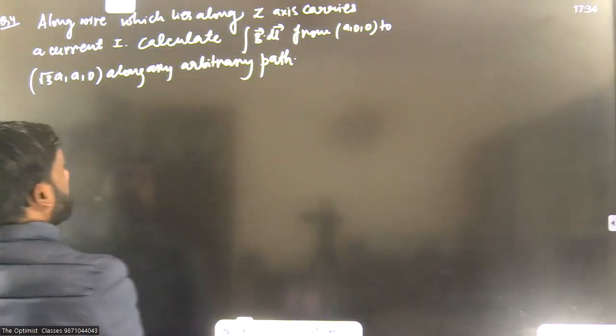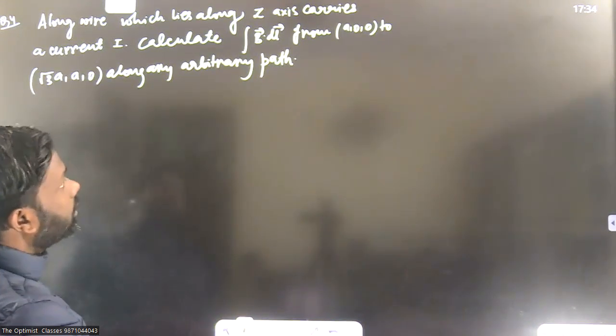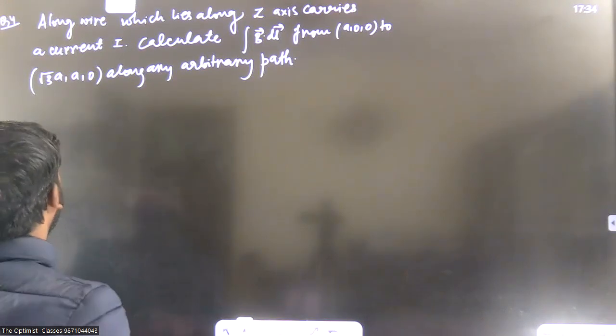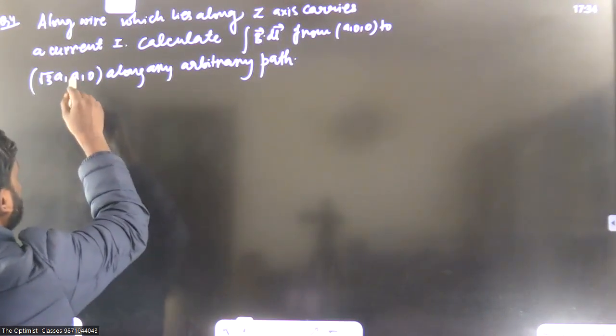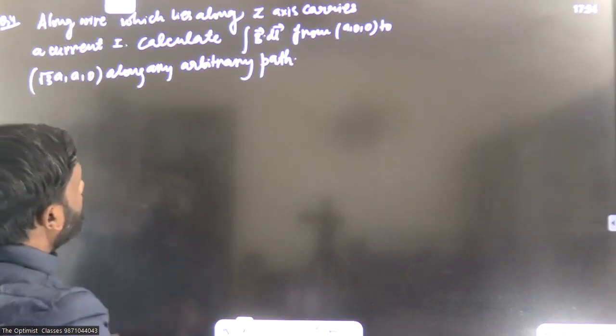It says a long wire which lies along the z-axis carries a current I. Calculate the integral of B dot dl from (a, 0) to (root 3 a, a) along any arbitrary path.